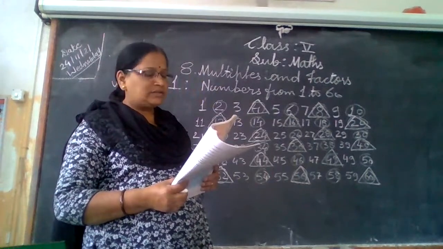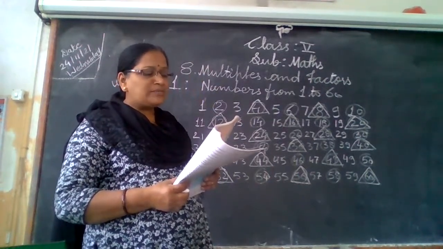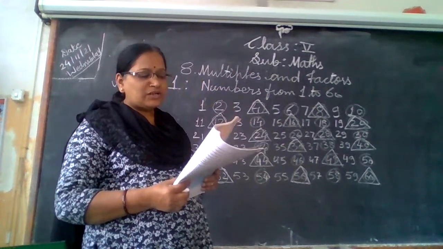So what is next? Do all the numbers with a red circle have a blue circle around them?